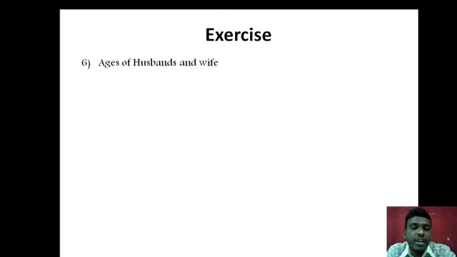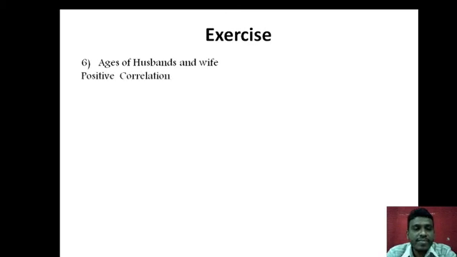Husband's age is 60, husband's age is 26, husband's age is 40, wife's age will be something. So if we gather this data, is there a relationship between age of husband and age of wife? Yes, there is. As husband's ages are increasing, the wife's age is also increasing. Hence, they follow a positive correlation.